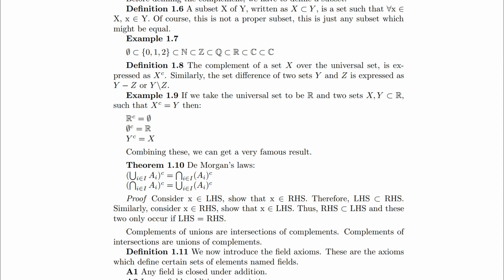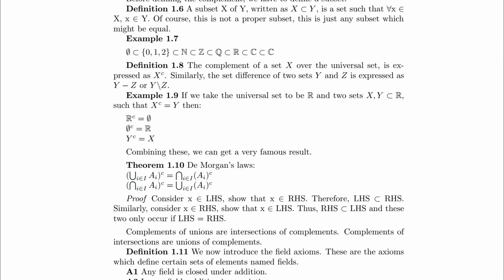If we take the universal set to be R, and say two sets X and Y are members of the real numbers, such that the complement of X equals Y, then the complement of the reals is the empty set, and the complement of the empty set is R, and the complement of Y is equal to X, as the complement of X is Y.